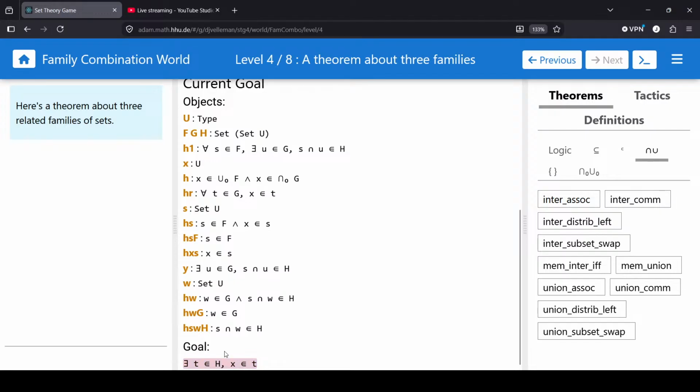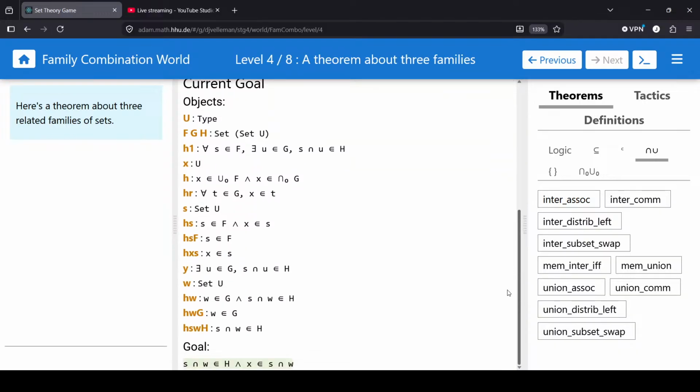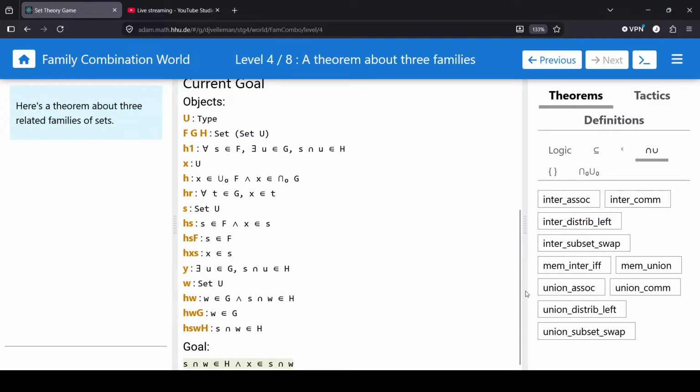So what do we know is in H? Well, we know this is in H. Yeah, we definitely know that is an H. Do we know that X is in S inter W though? We know that's in S. We don't know that's in the intersection.